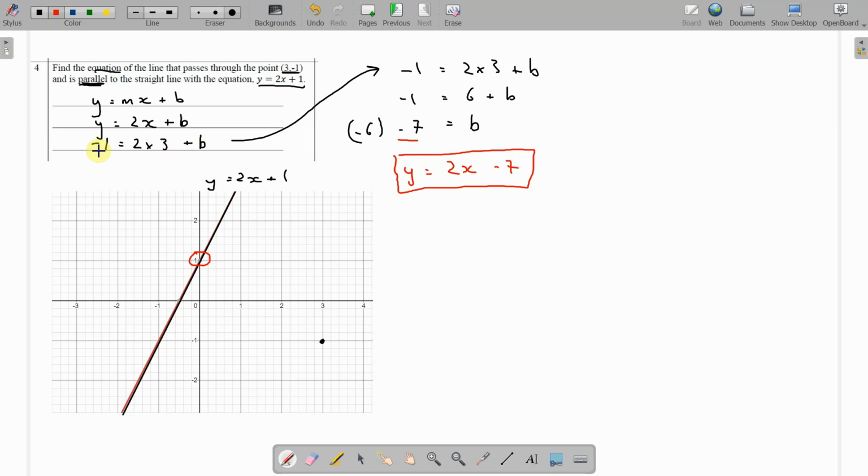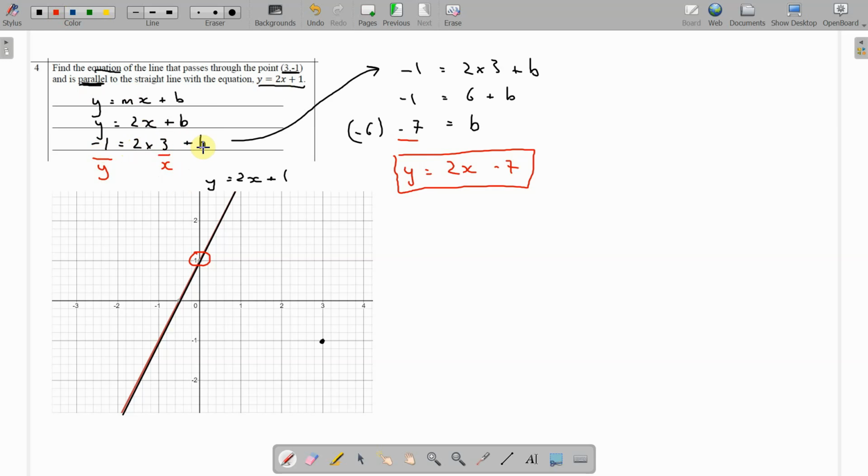So negative 1 for y, instead of y equals, we've got negative 1 equals, and 2 times whatever x is, 2 times 3. Y value negative 1, x value 3.